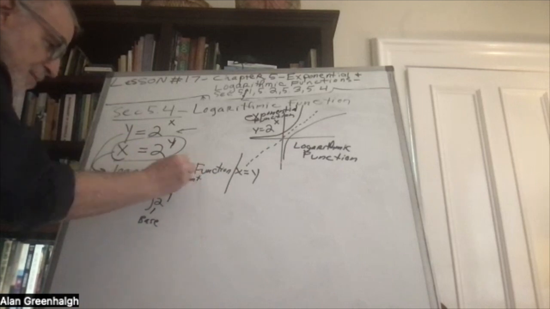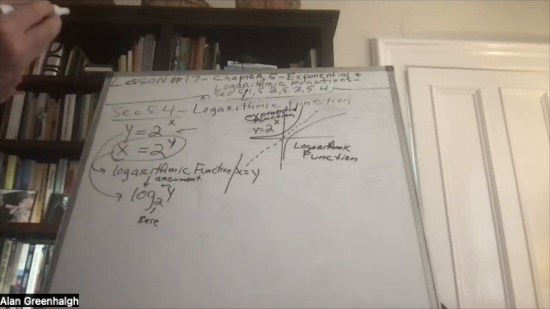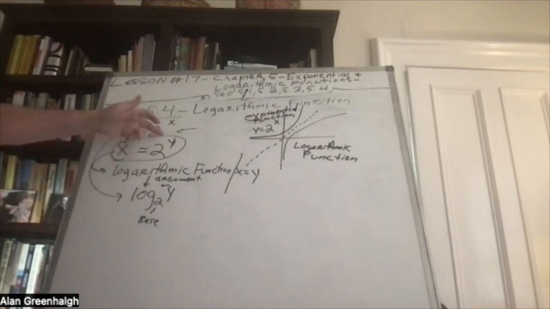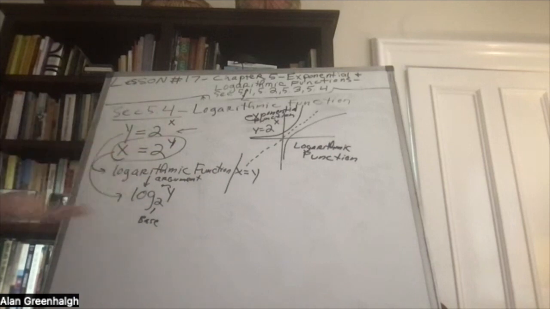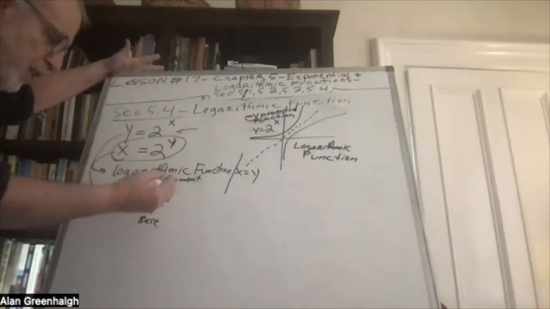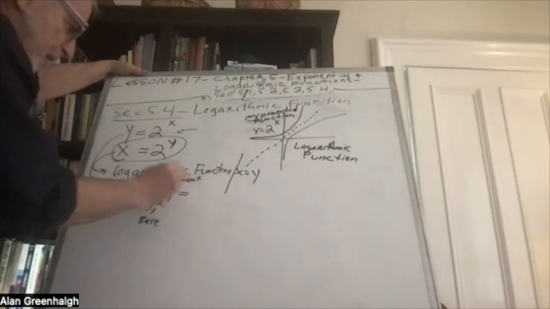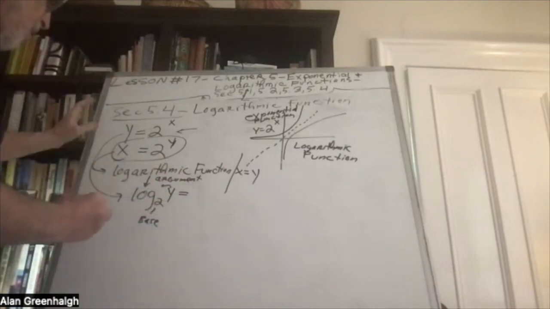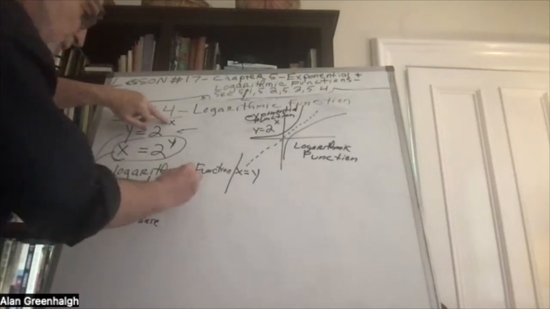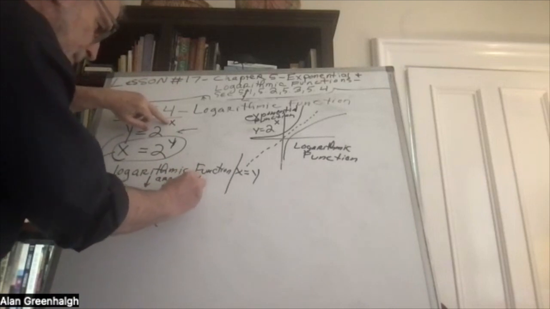It made no sense to me. There could have been an argument as to why there was no way of solving for it, but it's called the argument. We could call it the number. And the x is going to be called the exponent.